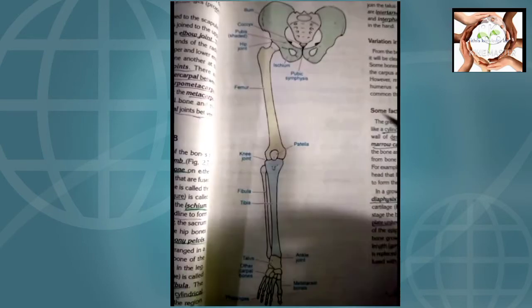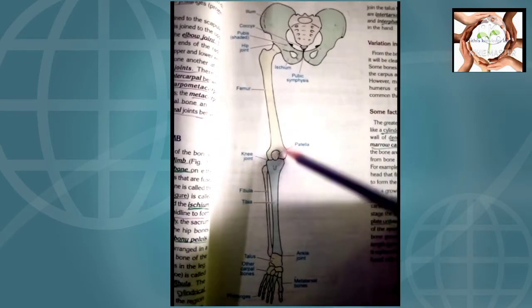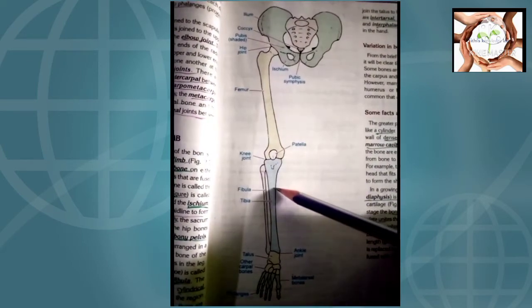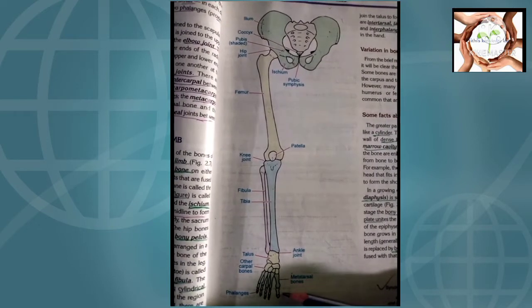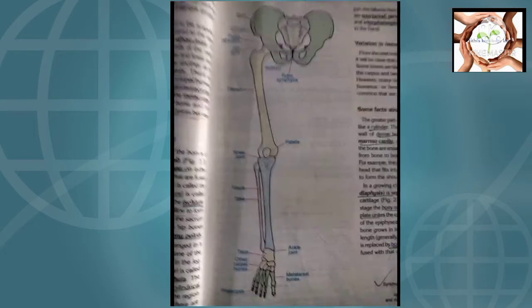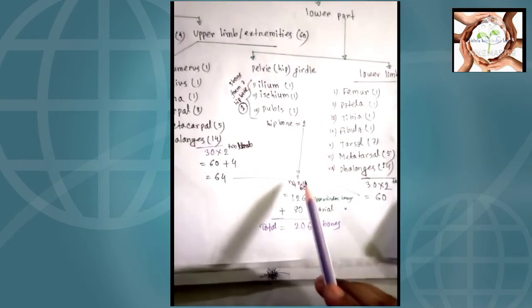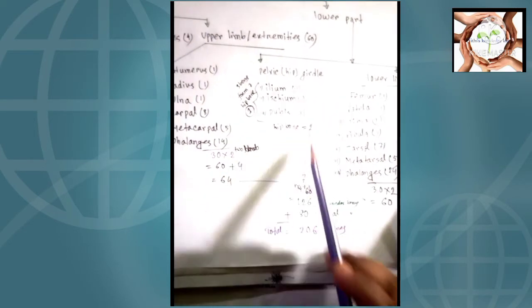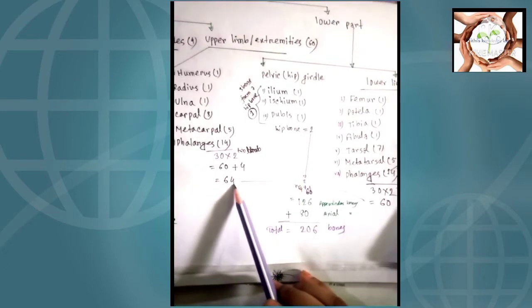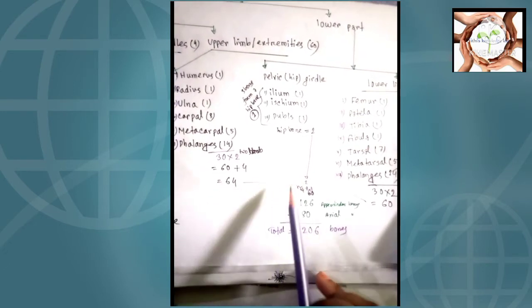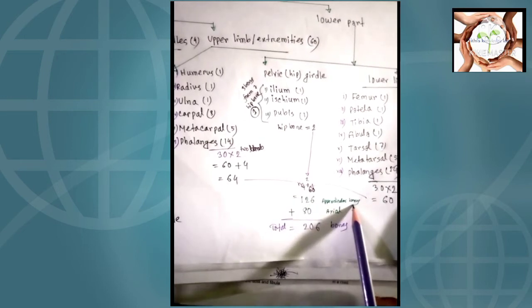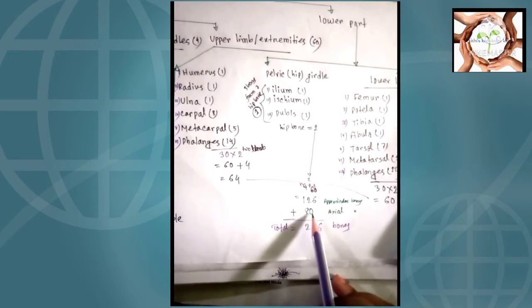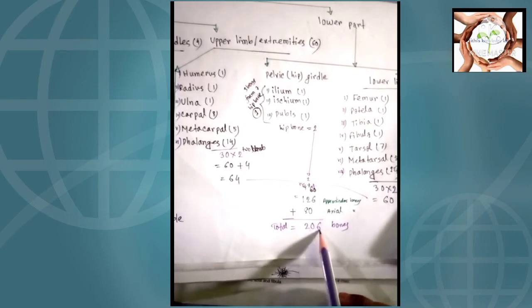In the figure, this is the femur, patella, tibia, fibula, tarsal, metatarsal and phalanges. Now here this 62 hip bone and 64 upper part bone. Total 126 appendicular bones and axial bones 80, total 206 bones.